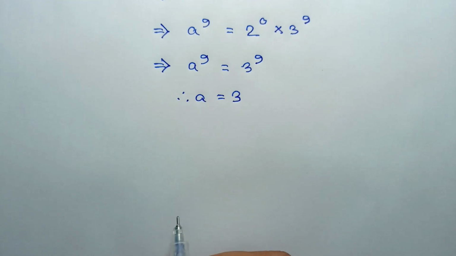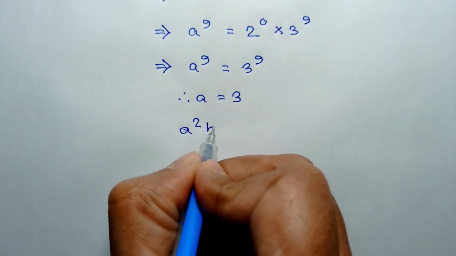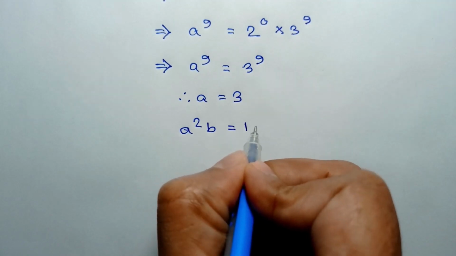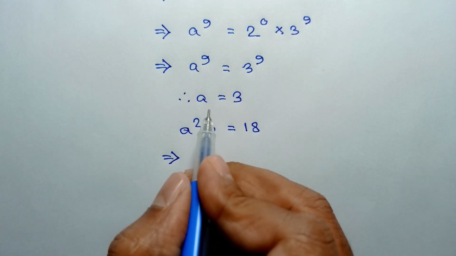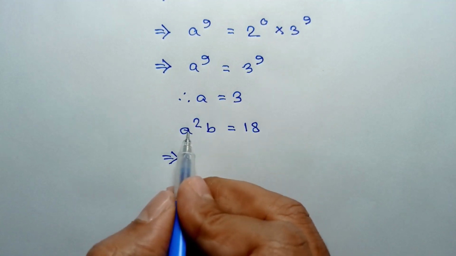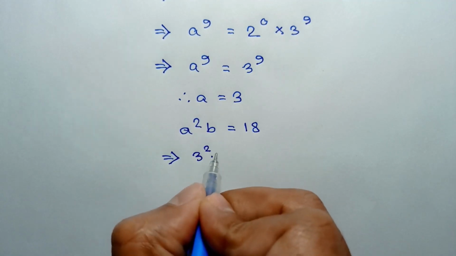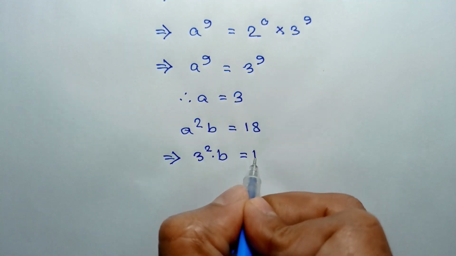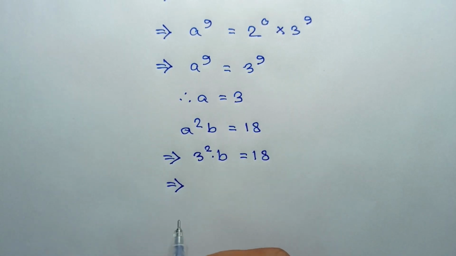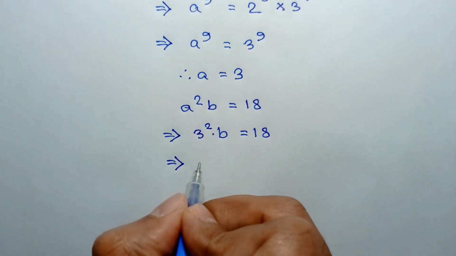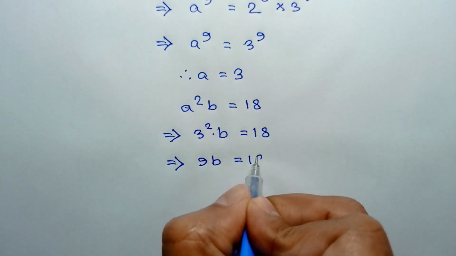Now from equation 1 we have a square b is equal to 18. Substituting the value a is equal to 3, we can write 3 square times b is equal to 18. 3 square is 9, so 9 times b is equal to 18.